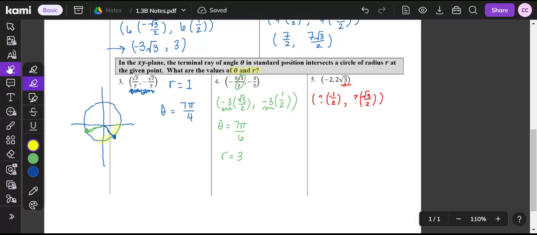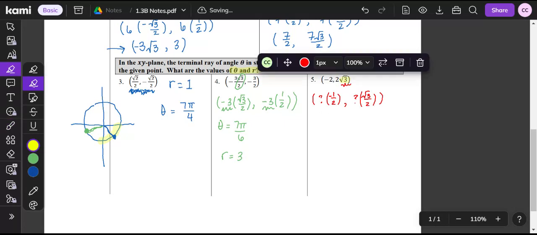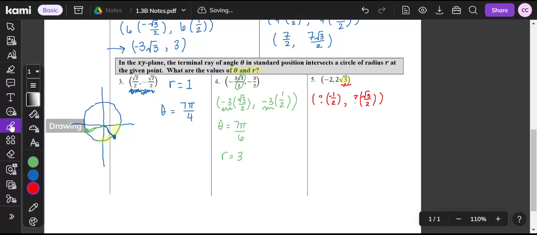Now, how did I know negative 1 half and root 3 over 2? It really all just comes down to this root 3. The only coordinates on the unit circle that have a root 3 are ones that have root 3 over 2. And if I know one of the numbers is root 3 over 2, that means I know the other one must be 1 half. Okay, so I've got to figure out what times negative 1 half gives me negative 2.